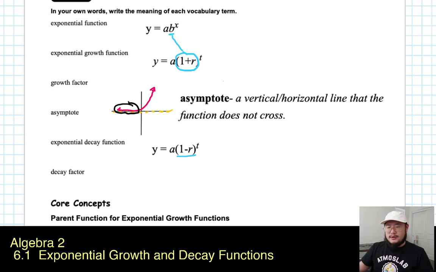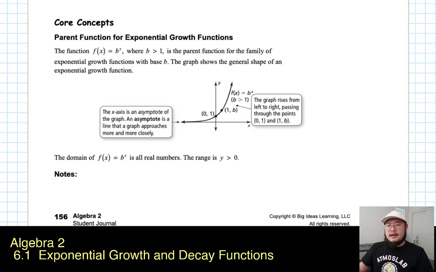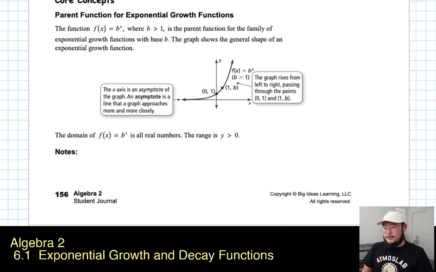So what I showed you right there was pretty much a parent function for exponential growth. And if we take a look at this core concept, it talks about there is no a value in this parent function.